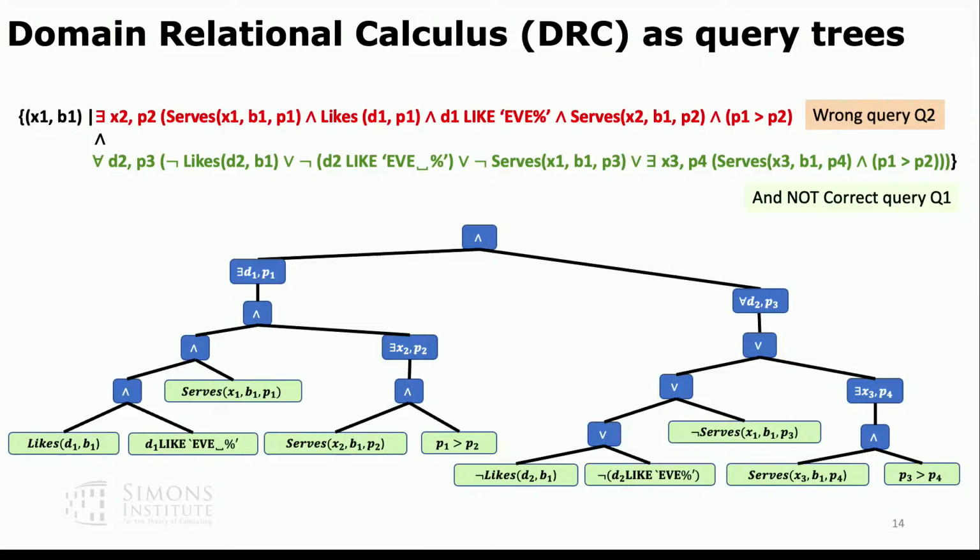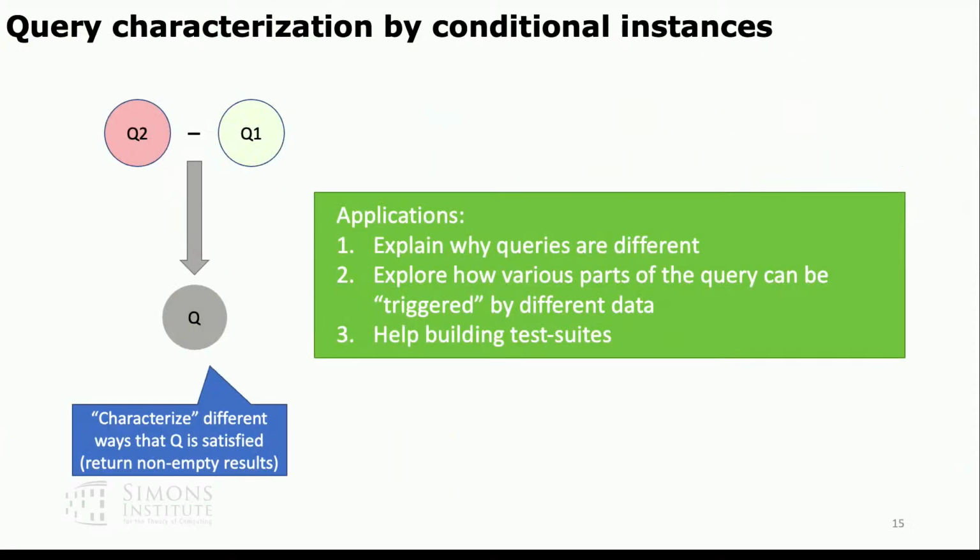You could do it the other way too. This is the query tree for Q2 minus Q1. Now, for Q2 minus Q1, or in general for any Q, we want to characterize the different ways Q is satisfied, that is, it returns non-empty results.